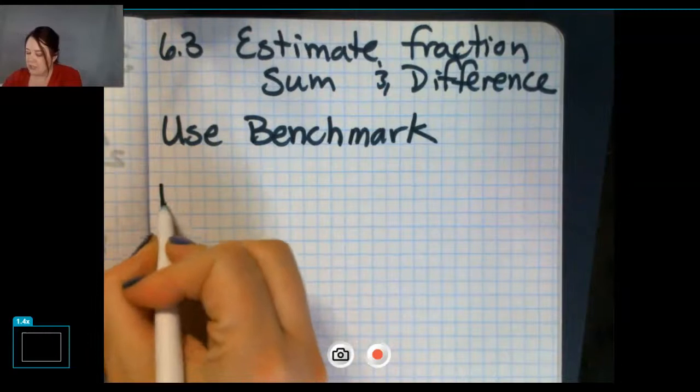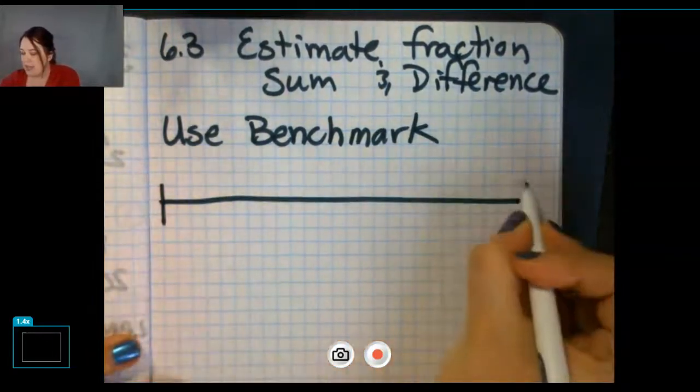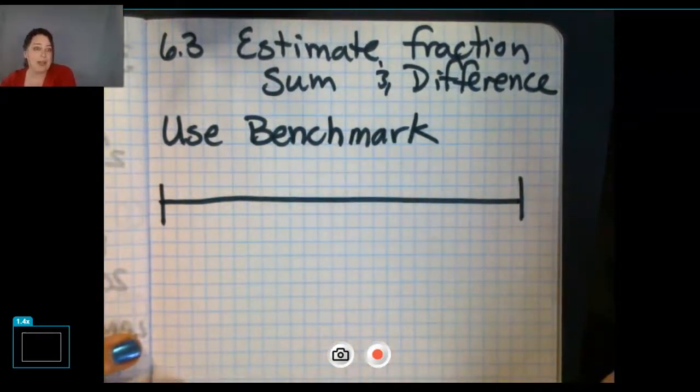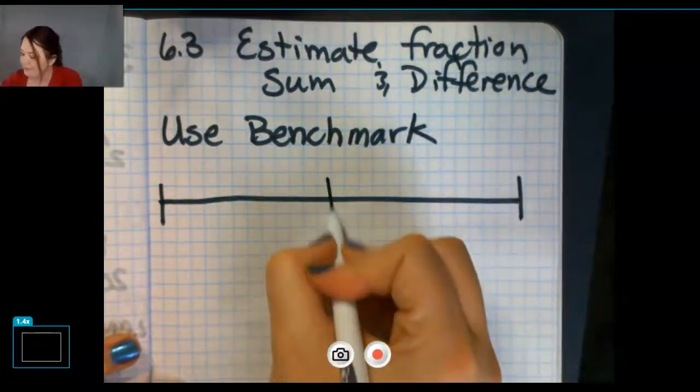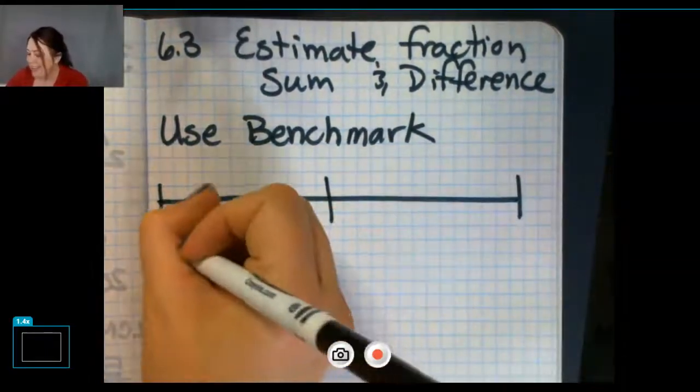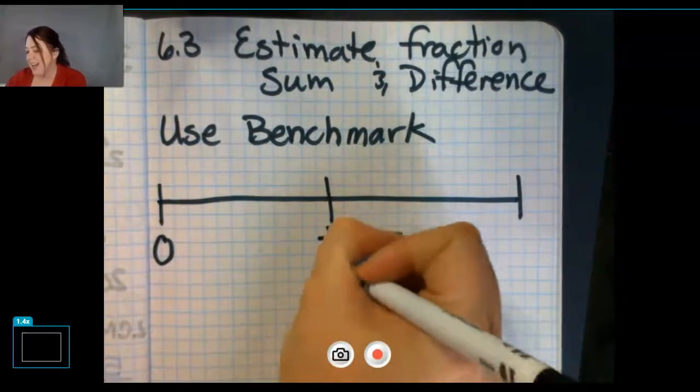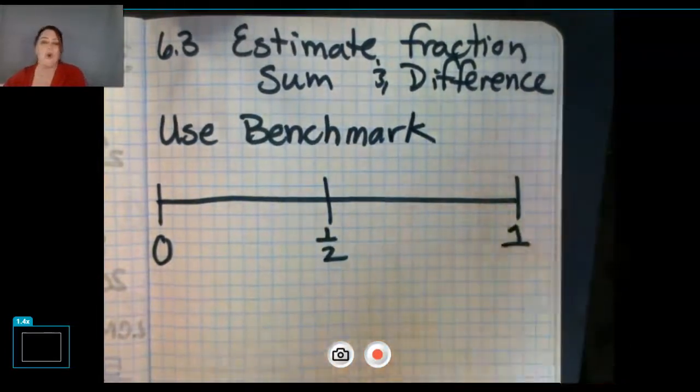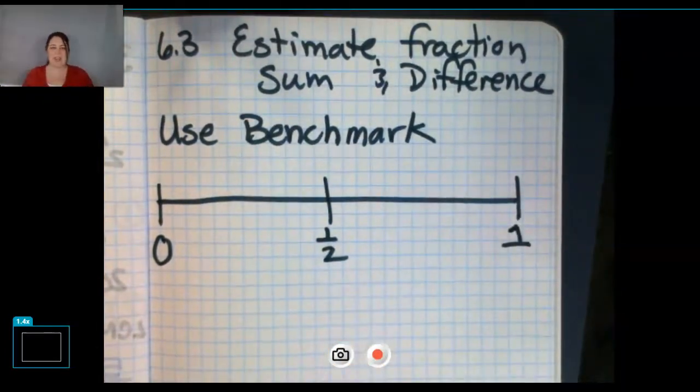So the first thing I'm going to do is I'm going to draw that number line in my notes. I've got a 0, I've got a half, and I have a whole. Perfect, okay? So those are the benchmarks that we are using, mainly because those fractions are easy to add.